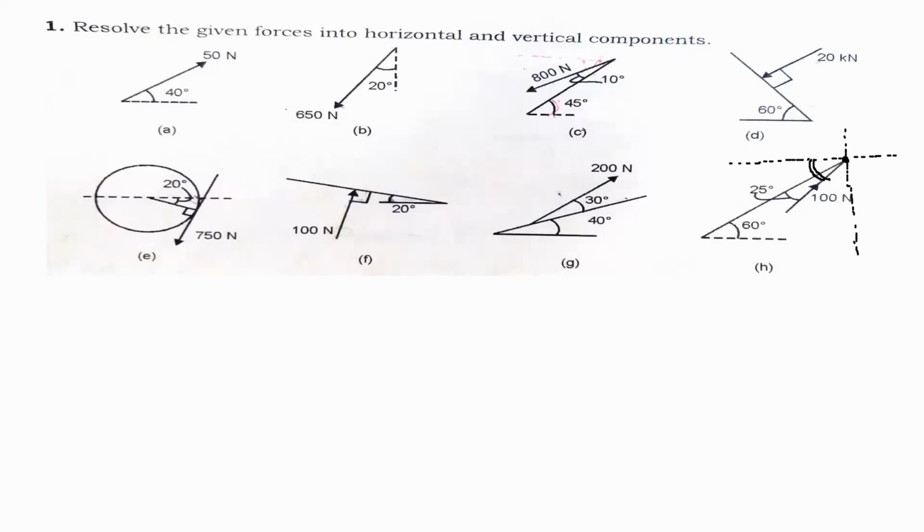This is alternate angle. Okay, sorry, not this total angle, up to this line. Okay, so this angle up to this horizontal inclined line, it is equal to 60 degree. So this total angle will be 60 plus 25, that is 85 degree with respect to x-axis.